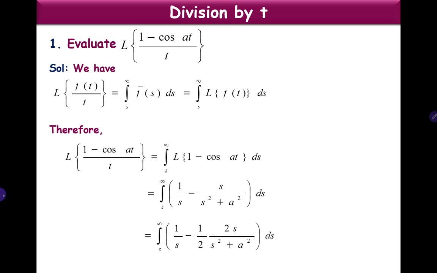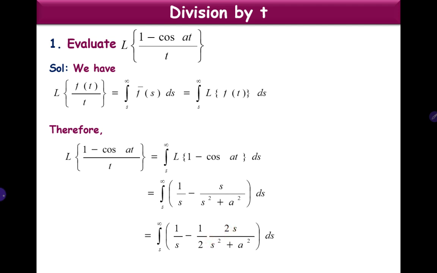Before integrating, in the second term we multiply and divide by 2, so that this term is of the form f dash of s by f of s. If f of s is s square plus a square, its derivative is 2s. So that is why we multiplied and divided by 2.